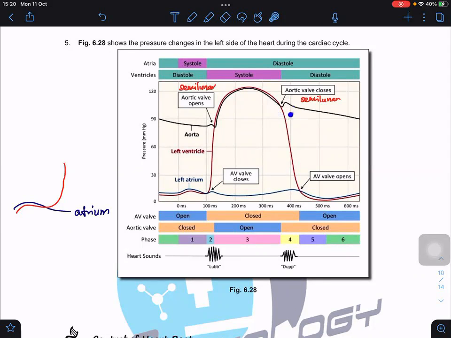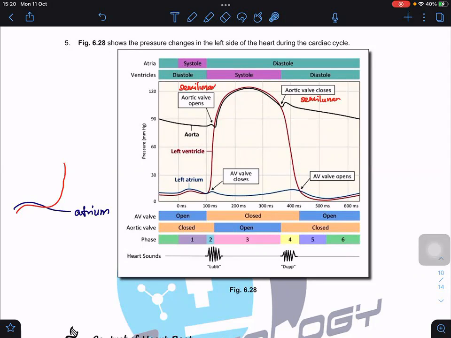But at these regions, why is the semilunar valve closed? Because the pressure in the ventricle dropped below the pressure of the aorta. In this case, we want to prevent the backflow of blood from the aorta back into the ventricle. Therefore, the semilunar valve closes.